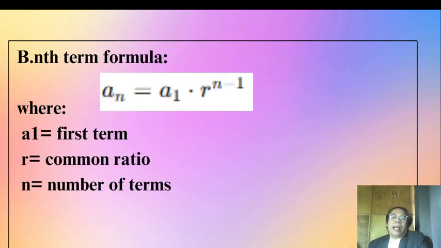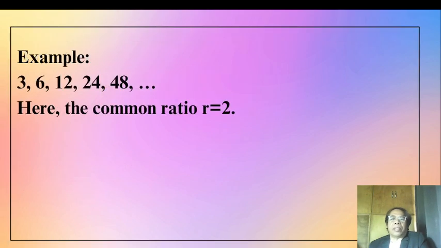And then the nth term formula: a_n equals a_1 times r raised to n minus 1, where a_1 is the first term, r is the common ratio, and n is the number of terms.